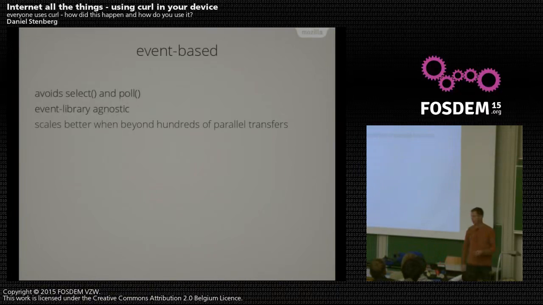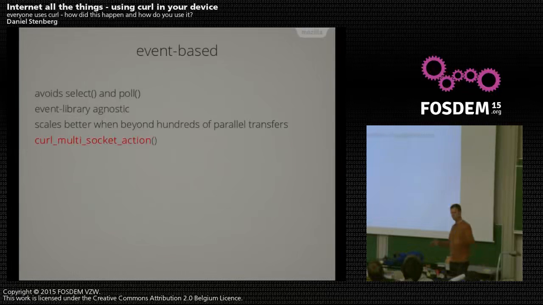I'm out of time. If you want to do a really large amount of transfers, event-based is really the way to go. Like if you're beyond 100, 200, 300, 1,000 transfers, this is really the way to go. It really scales. And that's the libcurl function called to do that. It basically allows libcurl to tell you these are the sockets you should wait for.